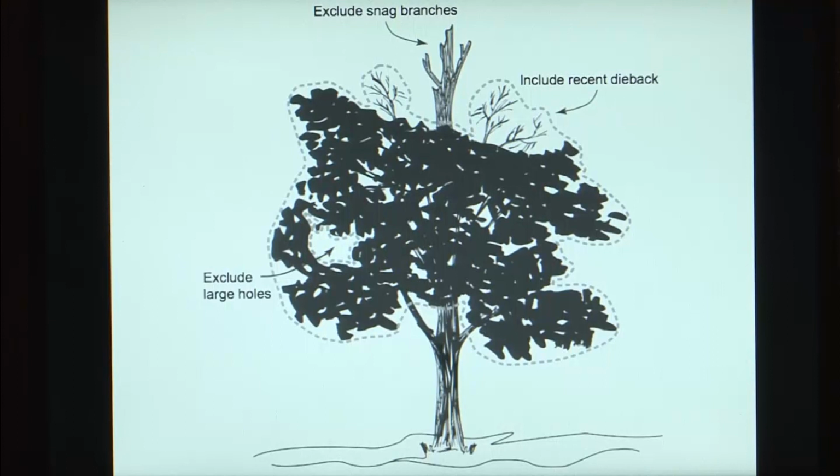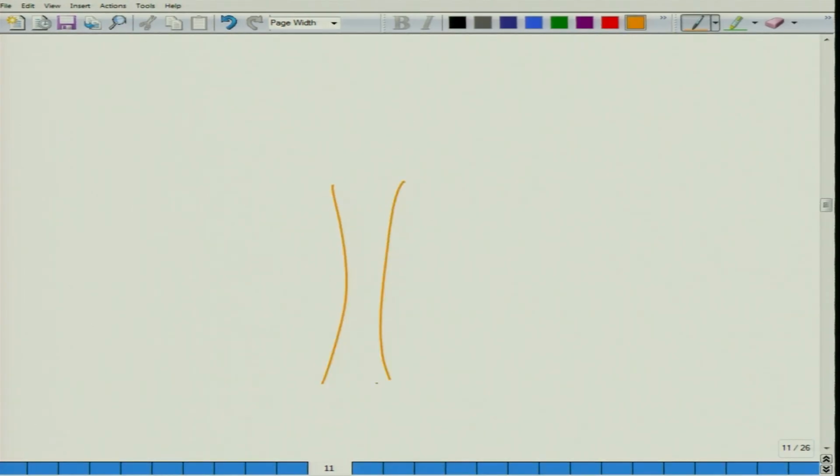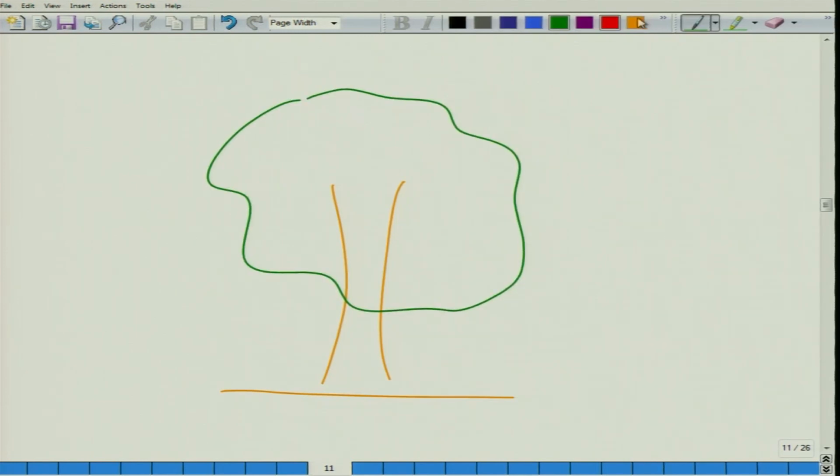So, to give an example, in this case the snag branches are not included. Now, what are snags? So for instance, if you have this tree and suppose it has some branch that is dead, then too that branch has some utility.